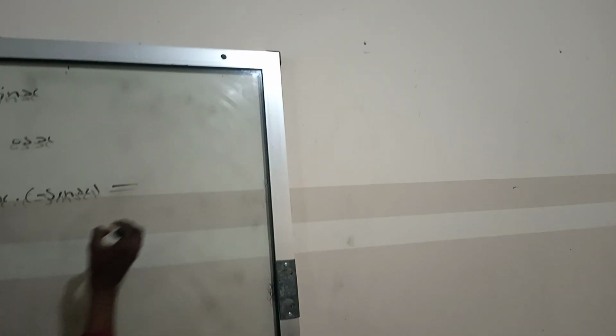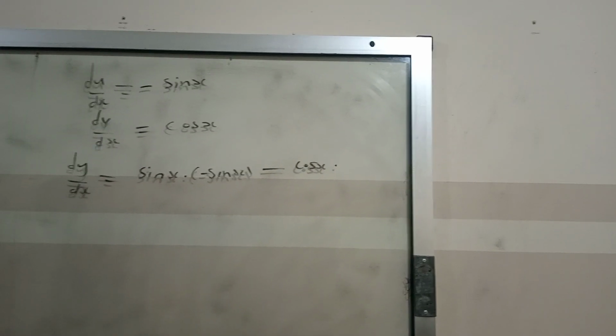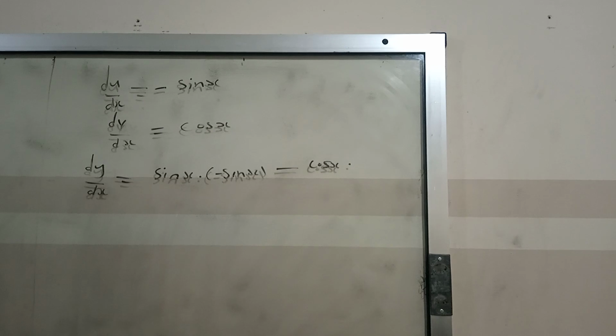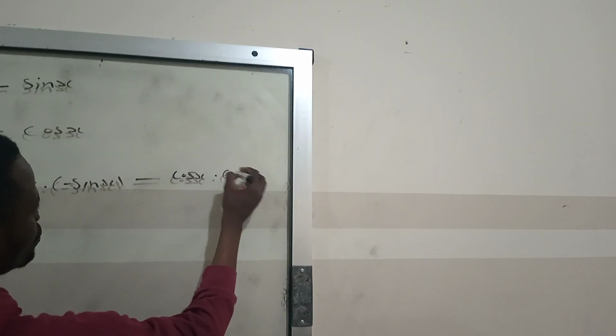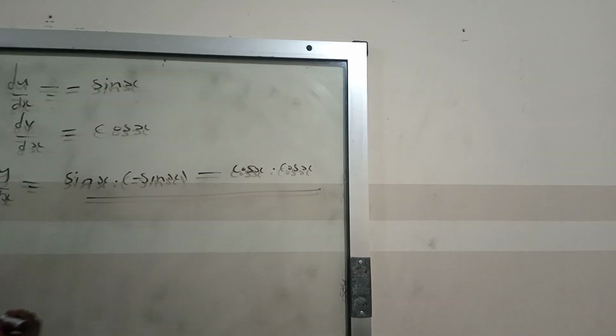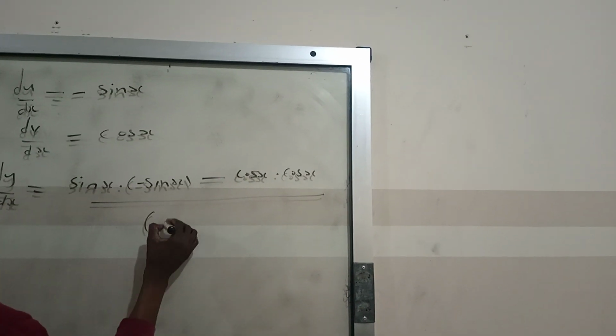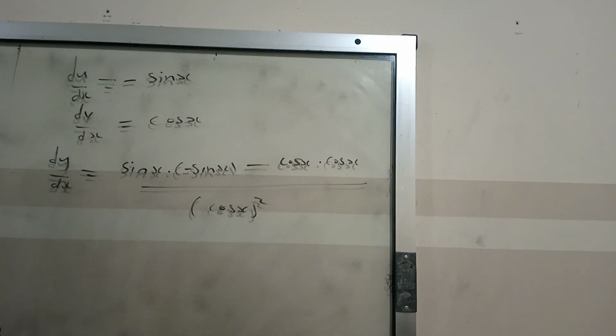Your u is cos x, times your dv/dx, which is cos x. So you get cos x times cos x, all divided by sin x all squared. Simple.